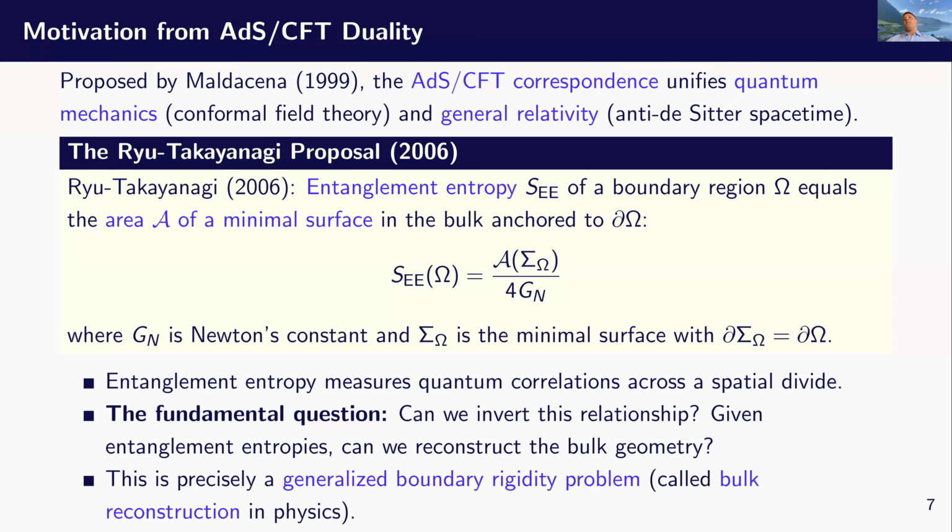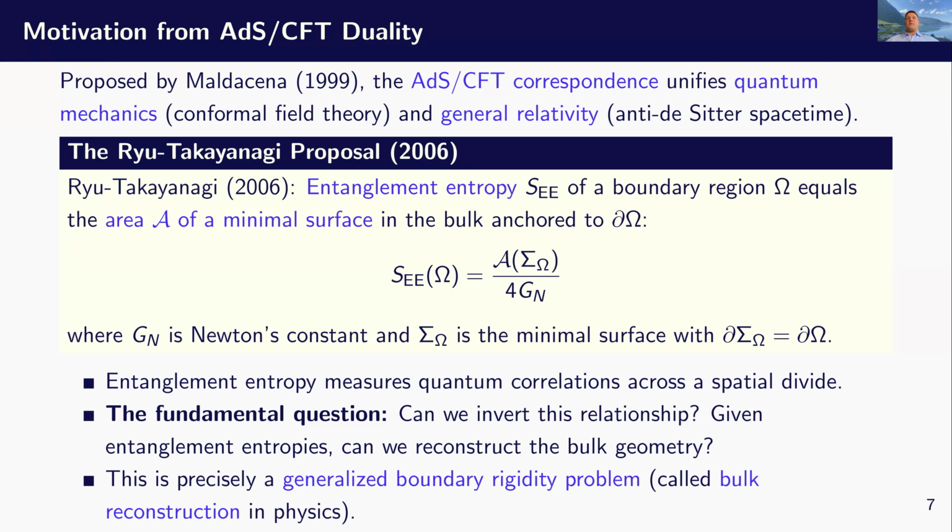So this sigma omega is a minimal surface, and it lives inside this manifold, which you can think of as a solid ball. Then you can compute the area of that minimal surface. And the Ryu-Takayanagi formula is that this entanglement entropy is the area of this minimal surface defined by this omega, divided by Newton's constant GN.